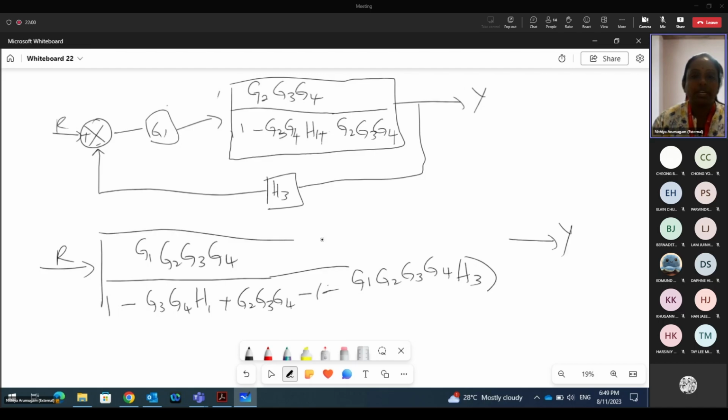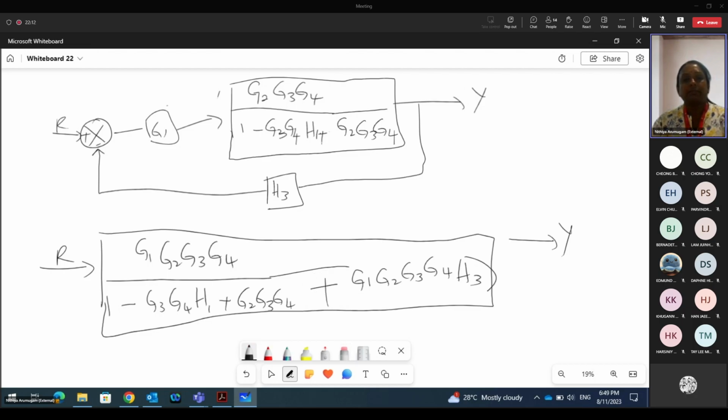So this is my new block diagram. Now, if you notice at this position, negative, negative will become positive. So what I'll do, I'll straight away put plus. Here also, that is the reason we have positive, because 1 minus whatever term we had previously remains minus the GH.